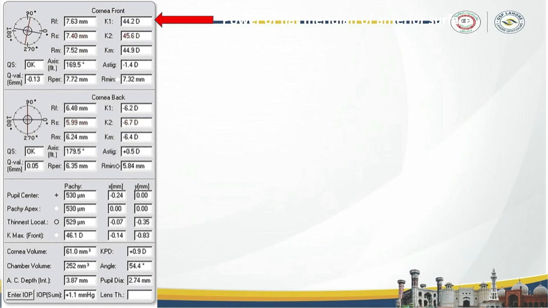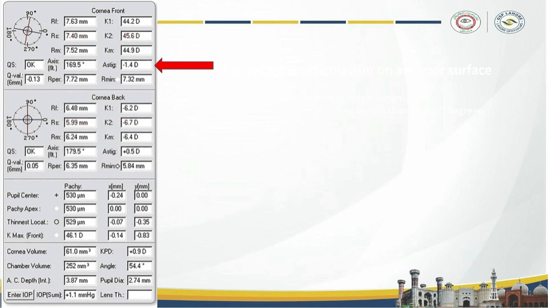As we already know, there are two keratometric indices, and this is the K mean of those two values. This is the K max, because we study the whole surface of the cornea, so where there is the maximum keratometric value is known as the K max on the front surface. Likewise, we have the same values for the back surface of the cornea as well.